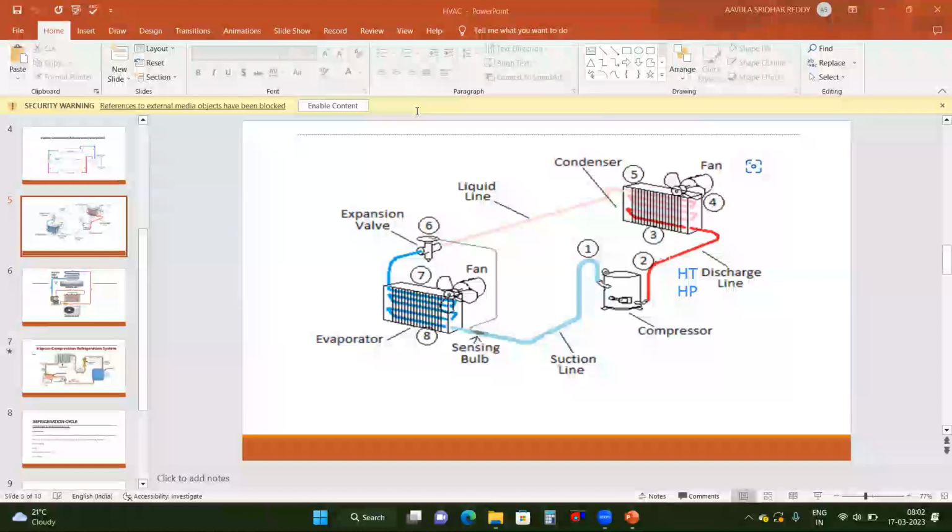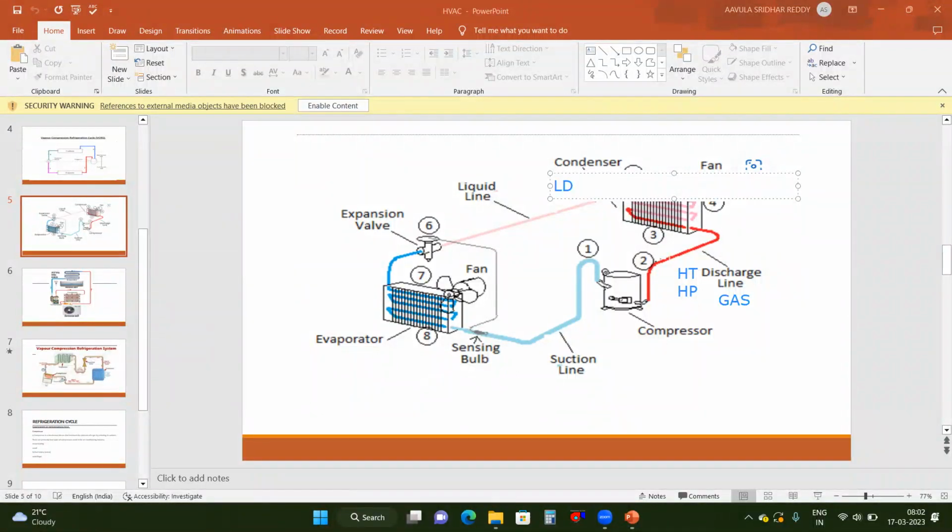Here I will write gaseous state. After the condensation it will be in liquid state, with high temperature and high pressure, but it has undergone the phase change, so the gas is converted into liquid. After condensation it goes to the expansion valve.